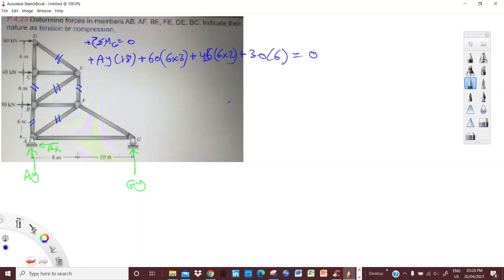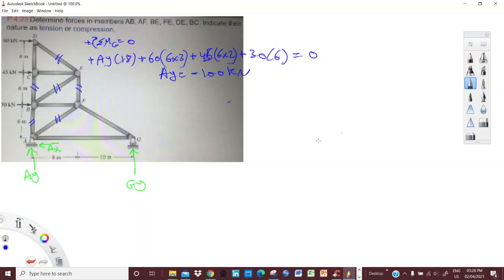By using the calculator, 6 times 3 plus 45 times 6 times 2 plus 30 times 6, the answer will be AY equal to negative 100 kilonewton.